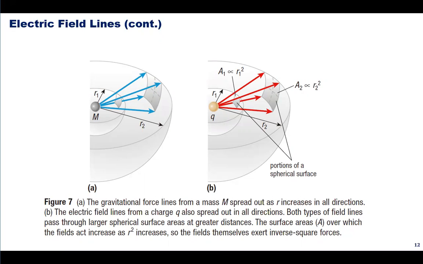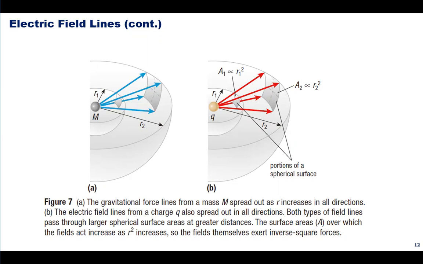The magnitude of the electric force is proportional to the density of field lines. That is, the number of field lines per unit area of space at some distance r from the charge or charges producing the field. For a given point charge Q, which is shown here in figure 7b, the density of field lines decreases farther away from the charge.